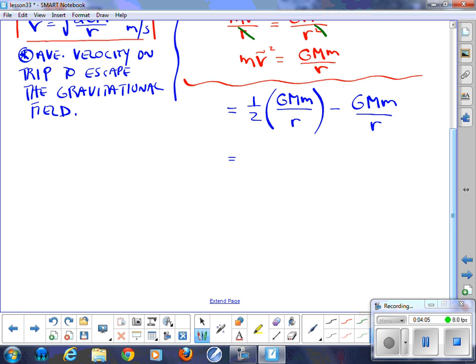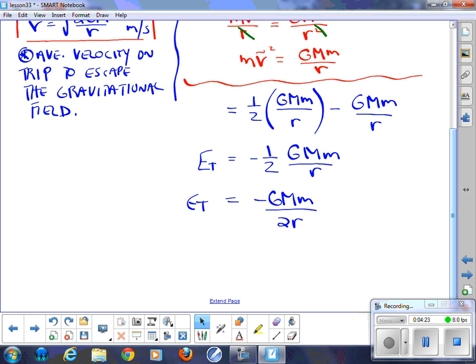Like terms, so I have a half minus the other. So total energy is equal to negative 1/2 GMm over r, or negative GMm over 2r. So there is your total energy, and that is the energy of an orbiting satellite.